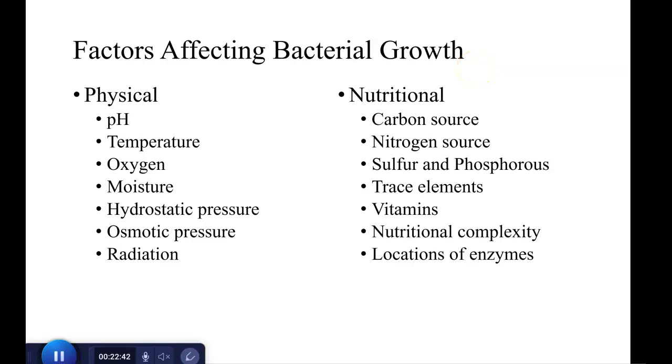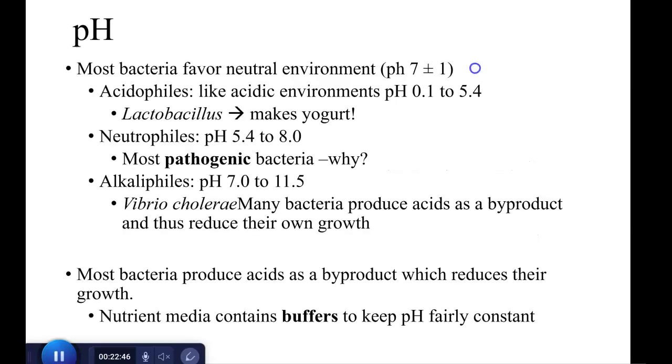So we're going to be taking a look at some of these different physical and nutritional factors. So the first one is pH. If you remember the pH table, pH basically means percent hydrogen or potential hydrogen. And this has to do with the hydrogen ion concentration and hydroxide ion concentration.